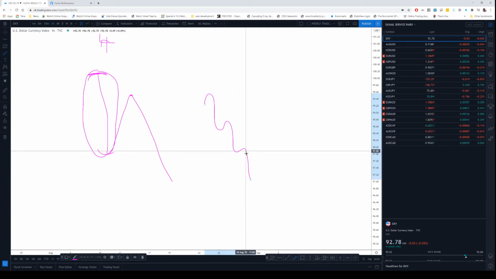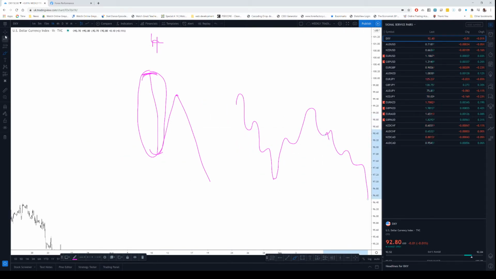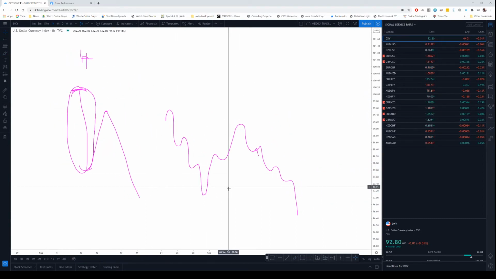This drop on the 4-hour, on the hourly, might contain something like this, and then the push up on the 4-hour might also contain something like this. And then the next pull down on the 4-hour might also contain something like this. Not the best drawing, but I'll jump onto the main chart so you understand what I'm trying to indicate here.